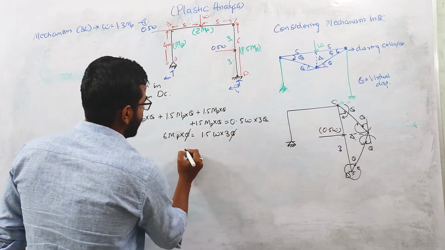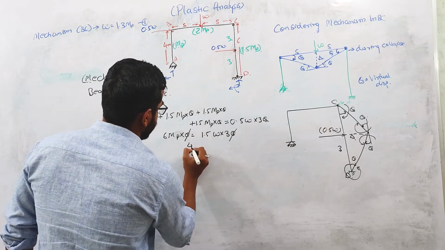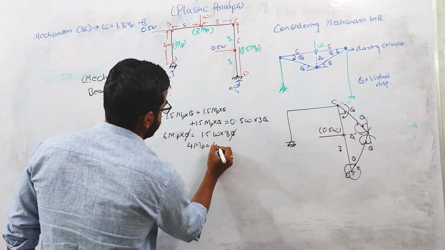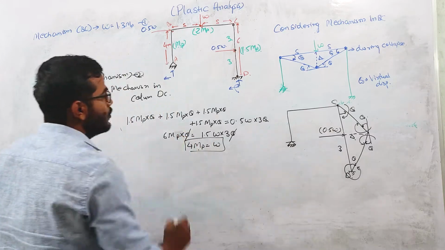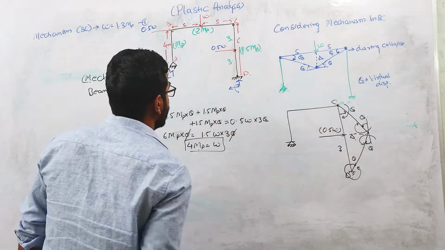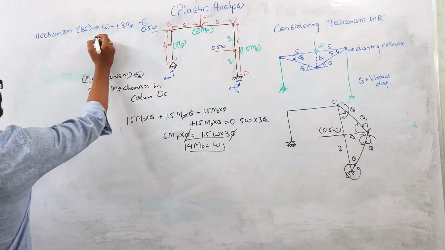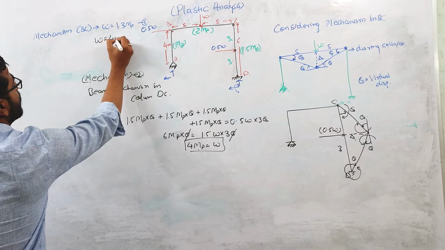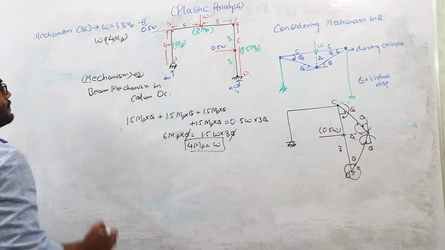Theta will cancel out each other, so this will be 4 mp equals W. So when beam mechanism is taking place in this column CD, then the value of load W comes out to be 4 mp, right?